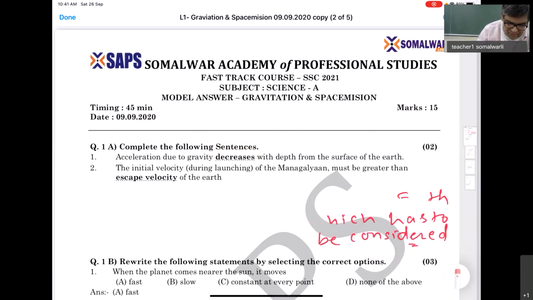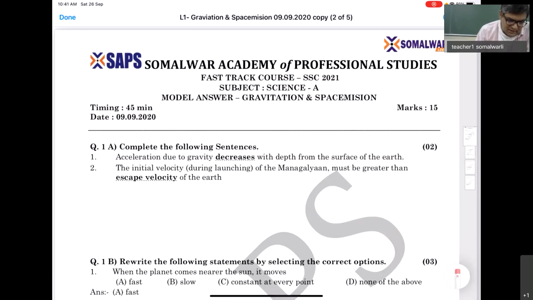In the same question number 1, sub question 2. So it says the initial velocity of the Mangalyaan must be greater than escape velocity of the earth. Now why is it so? It's very simple.